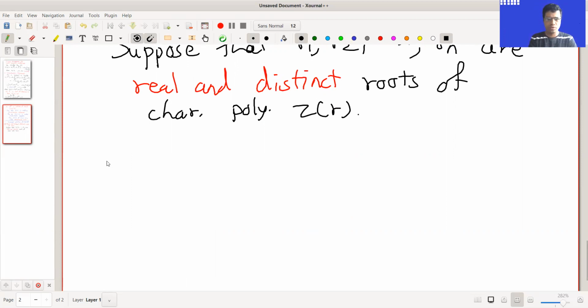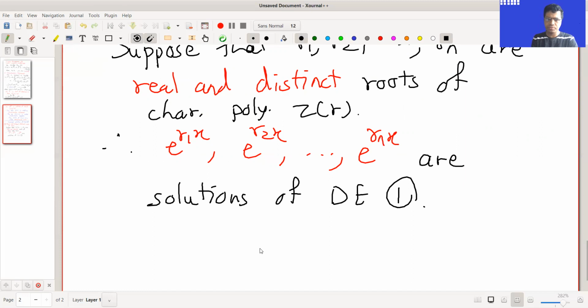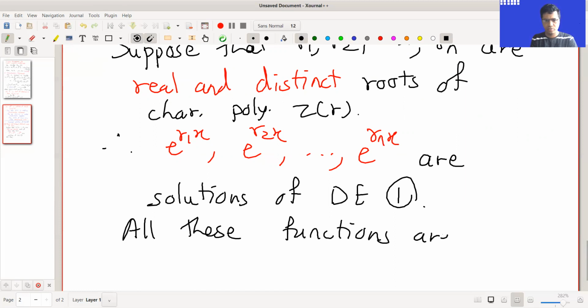Therefore e raised to r1 x, e raised to r2 x, and so on, e raised to rn x are solutions of differential equation 1. All these functions are linearly independent.